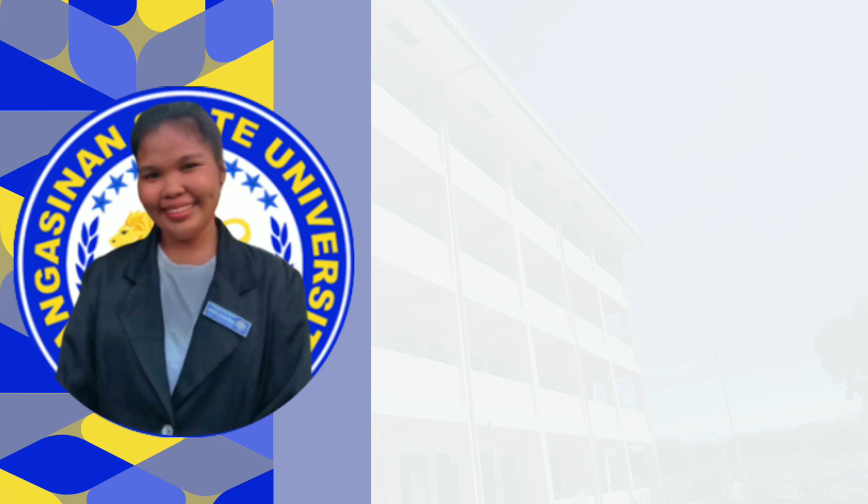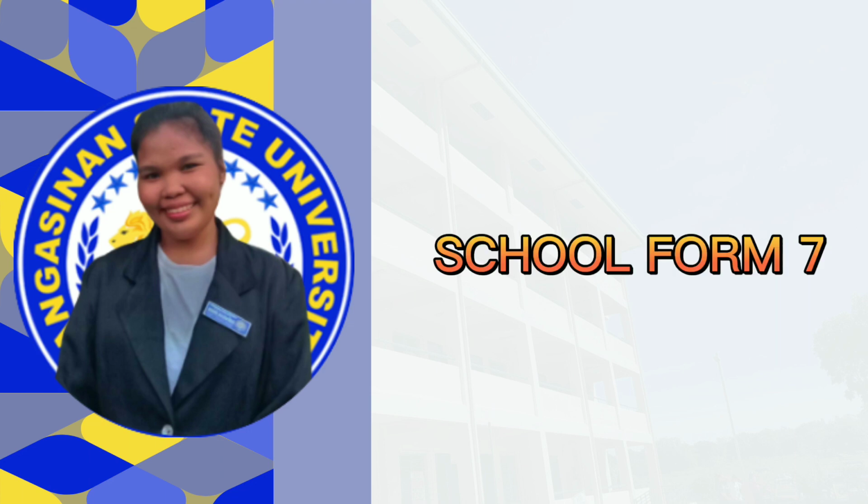Seventh, School Form 7, or the inventory of school personnel, which is the list of personnel, prepared by the school head, and the mode of preparation is manual and originally designed in the human resource information system. It is scheduled at the end of the school year.